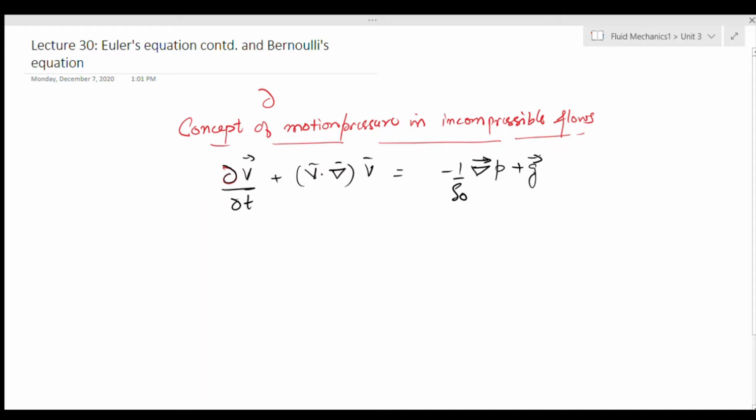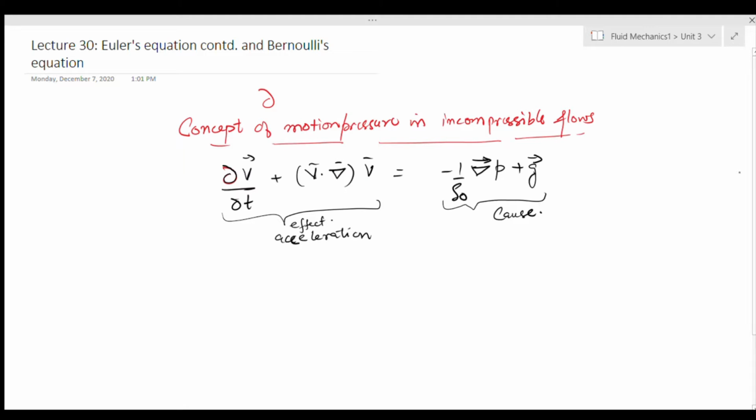So that's what we have. On this side we have the effect, which is acceleration, and on the right hand side we have the cause, due to pressure and gravity.